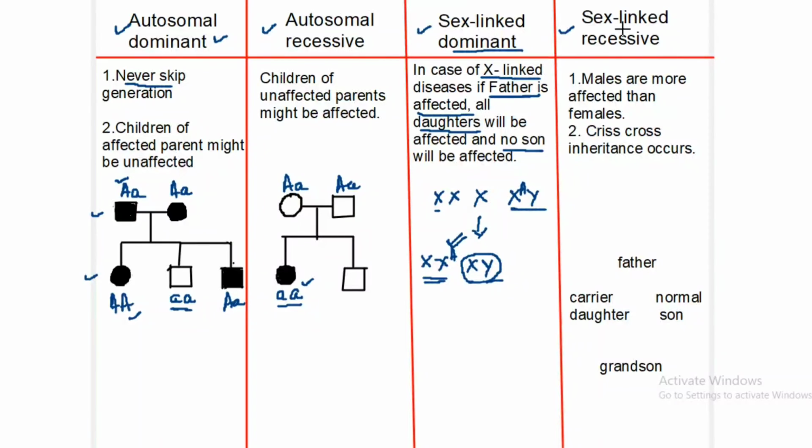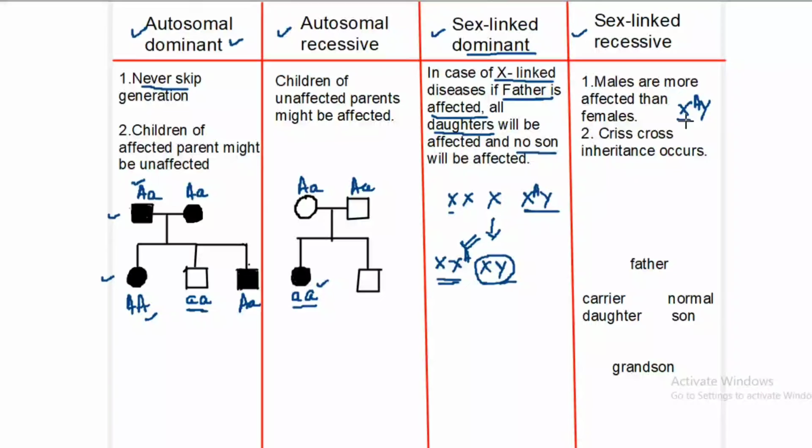Coming to the last case, sex-linked recessive disorder. Here the males are more affected than females. Why? Because a male contains only one X chromosome. So if this one chromosome contains the affected allele, then the individual will be affected.